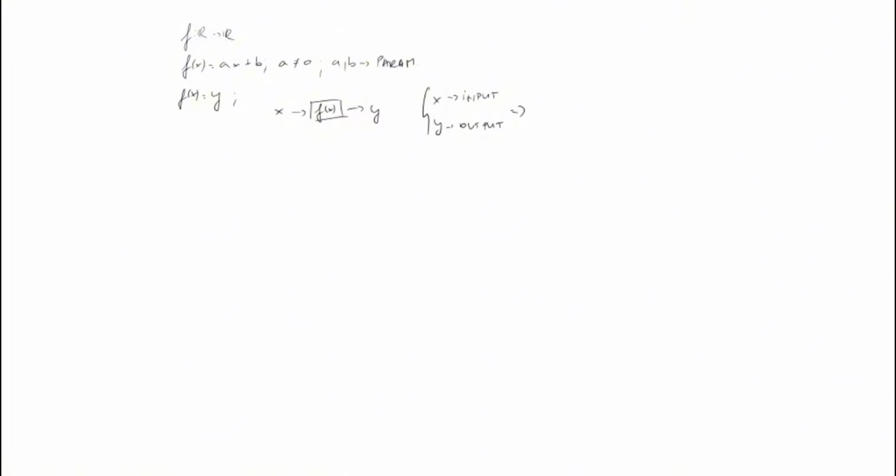The result will be a set of points Pn with coordinates xn, yn, which are all part of the graph of the function, which we will denote as gf, and this gf is a straight line. This is why it's called a linear function.